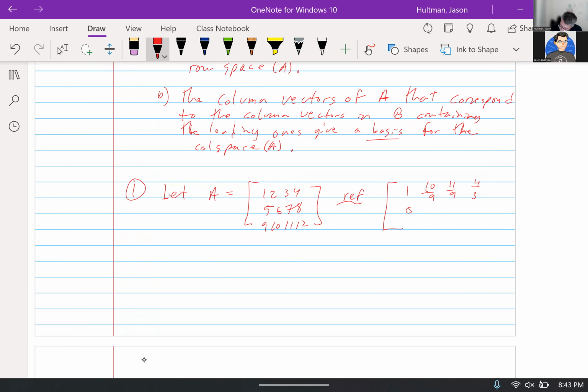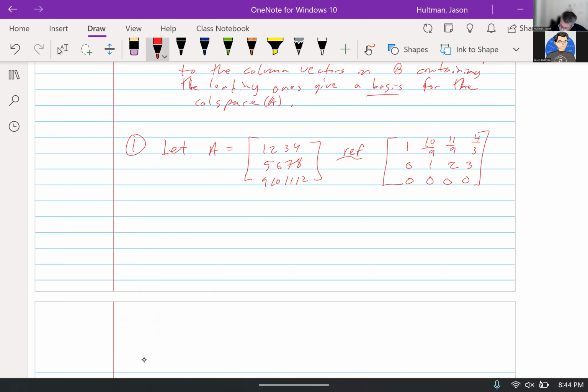Then 0, 1, 2, 3, and then 0, 0, 0. Okay, a row of 0. So this is linearly dependent. We get that row of zeros. We wouldn't have a determinant here, but it is linearly dependent because of the row of zeros.